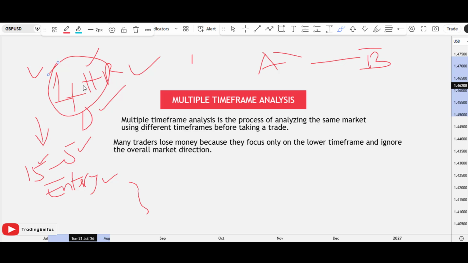If you take a buy trade when the higher time frame is bearish, you will surely lose that trade because you are trading against the market direction. So the bigger time frame gives you direction and you lower it down to the smaller time frame to enter.